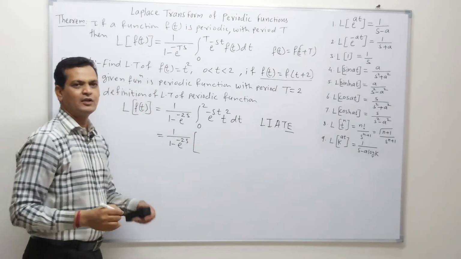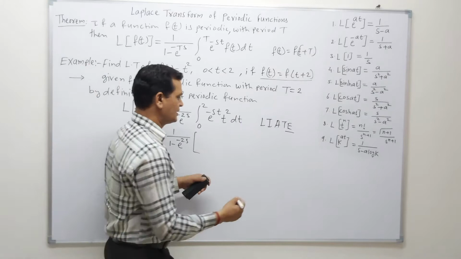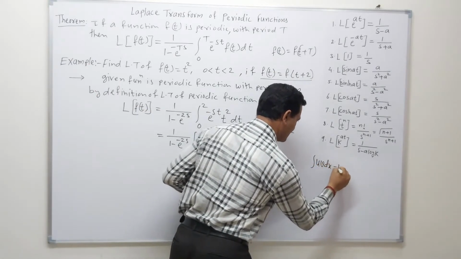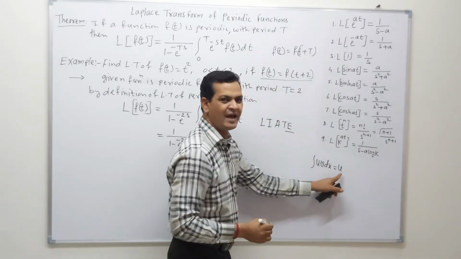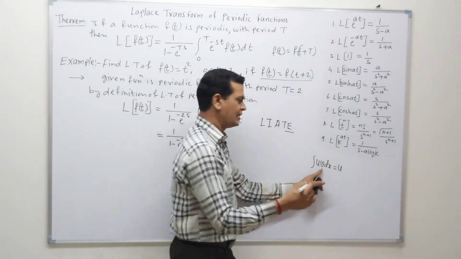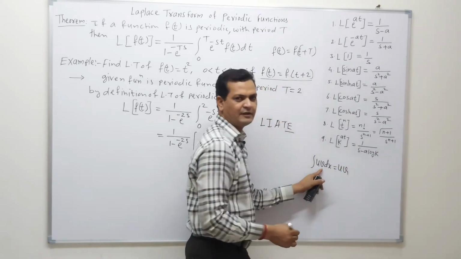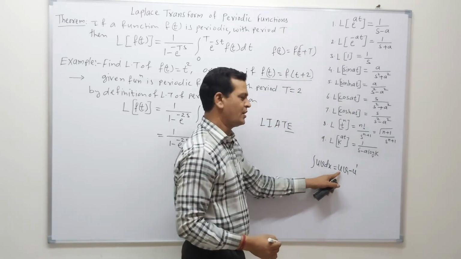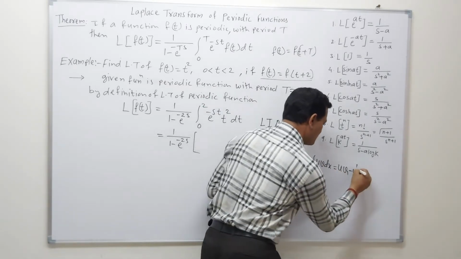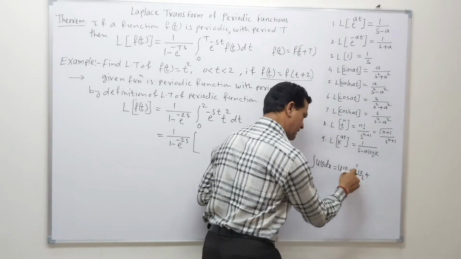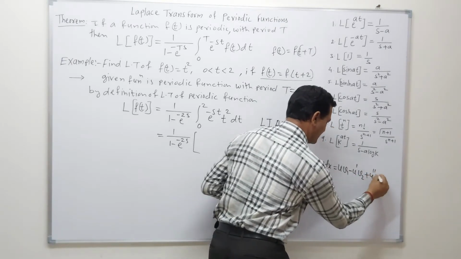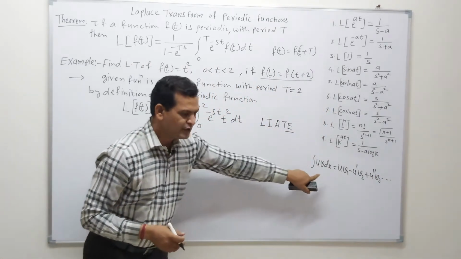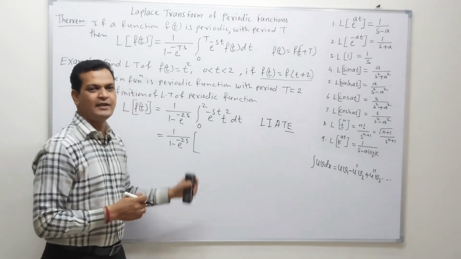Now the general rule for integration by parts says that the integral of uv dx is equal to u times the integral of v, that is v1, minus u dash times v2, plus u double dash times v3, and so on. This is called the general rule for integration by parts. Now apply this rule here so that we can find the integration of this term.